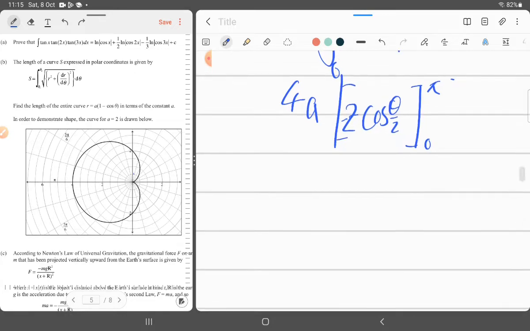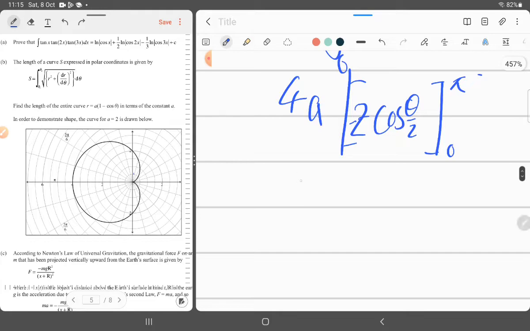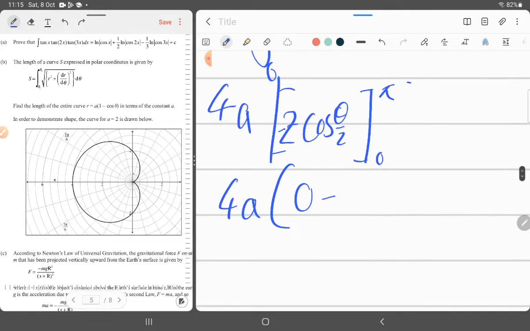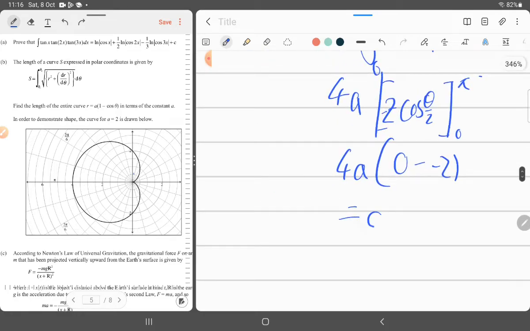Cosine pi over 2 is just 0, so 4a times 0 take away negative 2, which is equal to 8a.